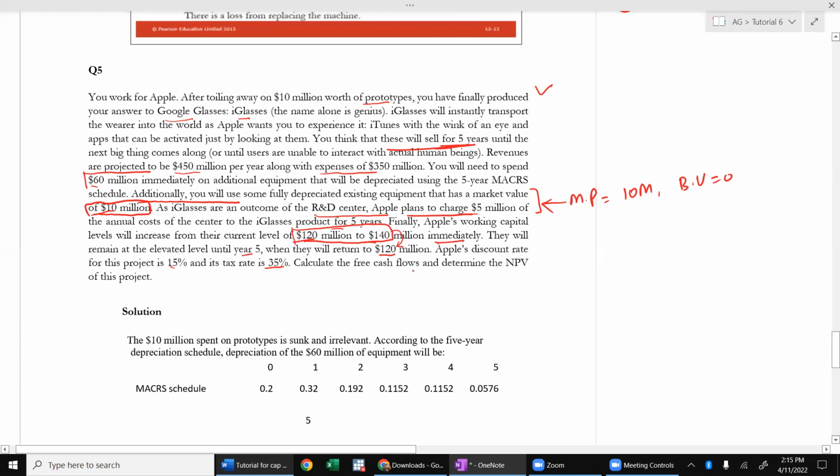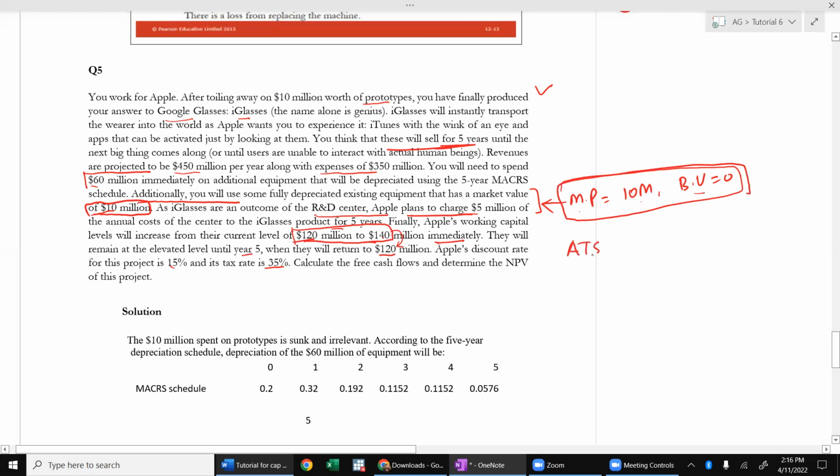Okay. Now, this information is very important. Students normally make this mistake. The question has given you that the book value is 0, but the market price is 10 million. So if I want to calculate its after tax salvage value, how can I do that?